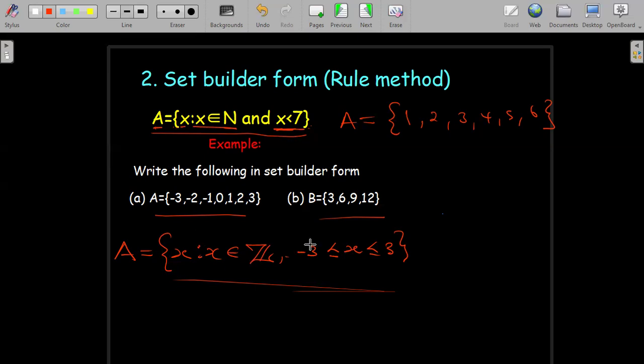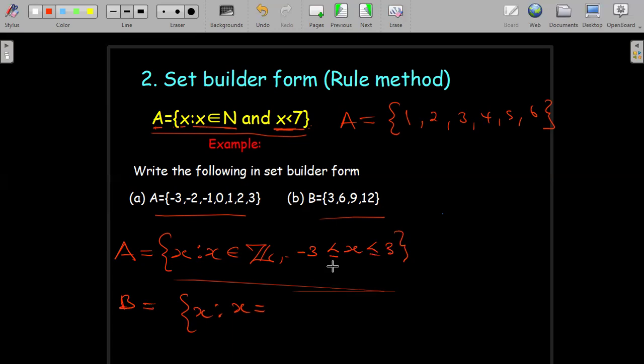Now let's go to the other one, which is B. So what is B now? How are we going to write B? These are X such that X is equal to, I think, prime numbers?